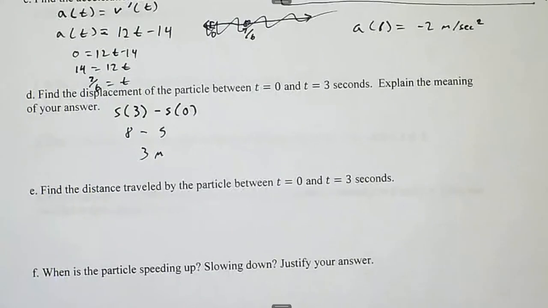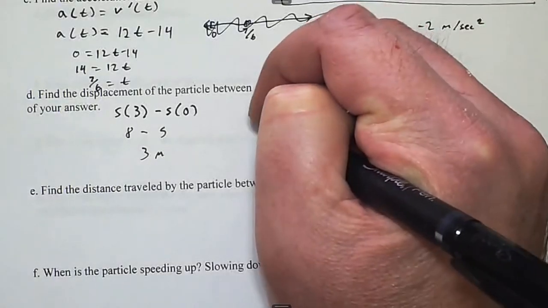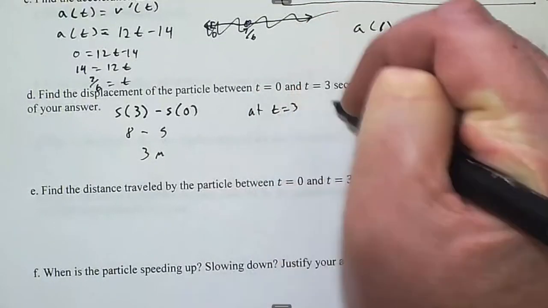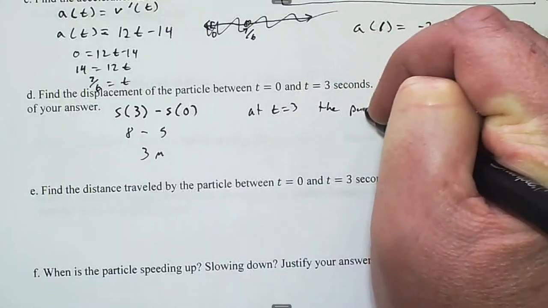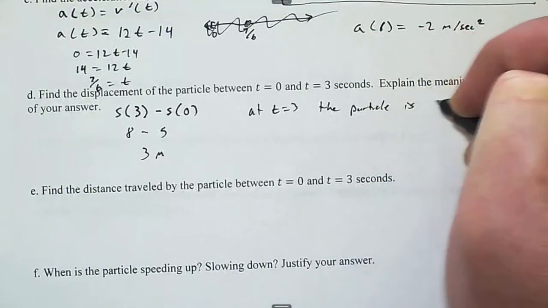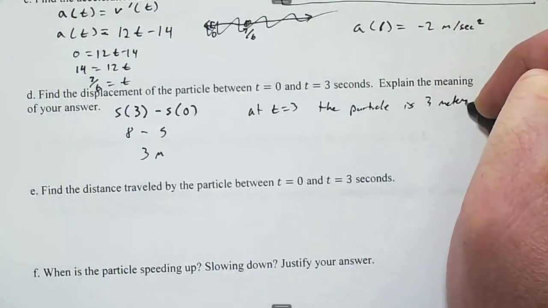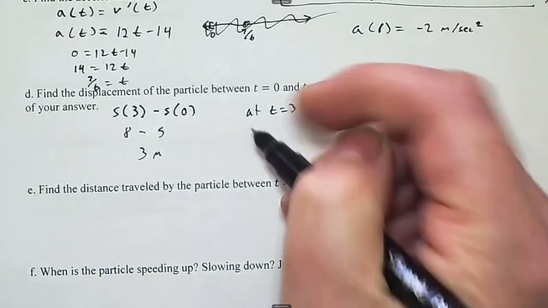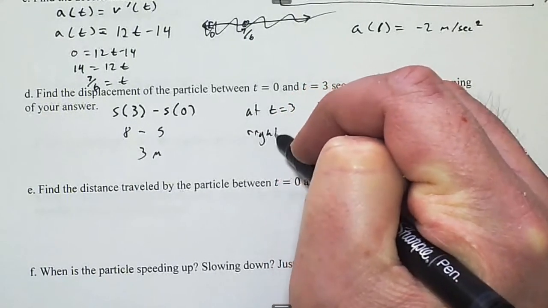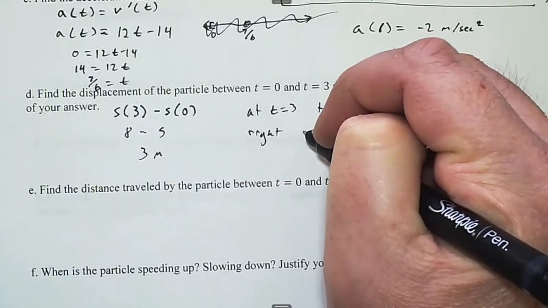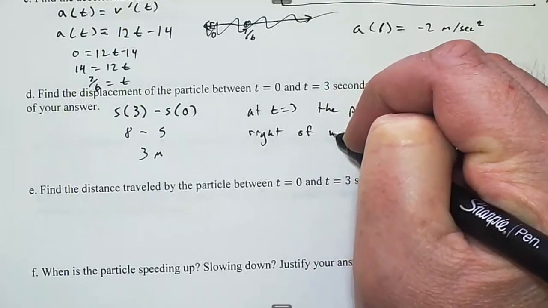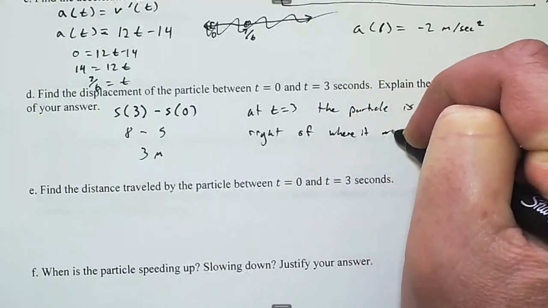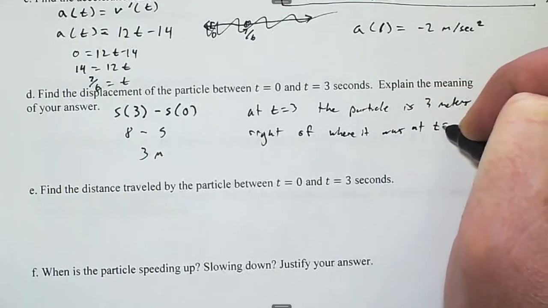For position, yeah. Displacement is the change in position. So what does that mean? At t equals 3, the particle is 3 meters, and do we know the direction? Right, ahead of where it was at t equals 0.